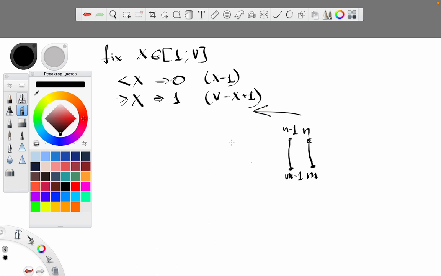Each time we should consider the possibility, what if they are equal? And do something. It's not very clear what, but something.